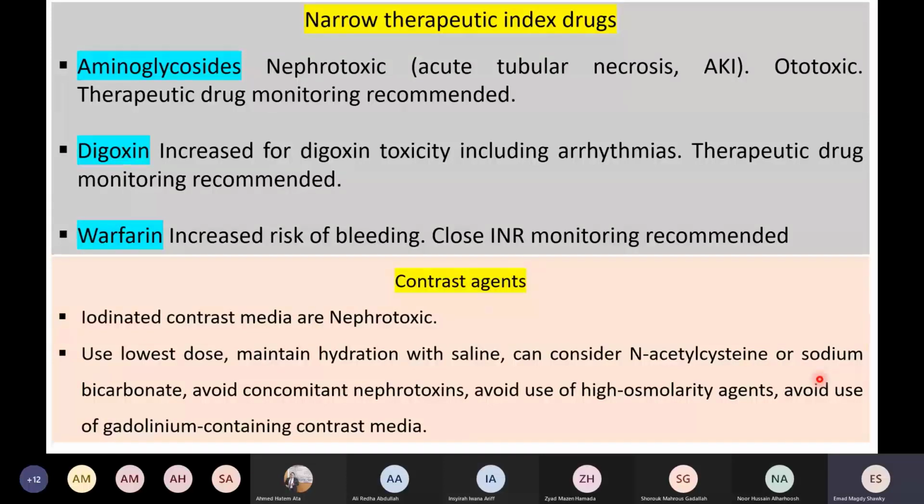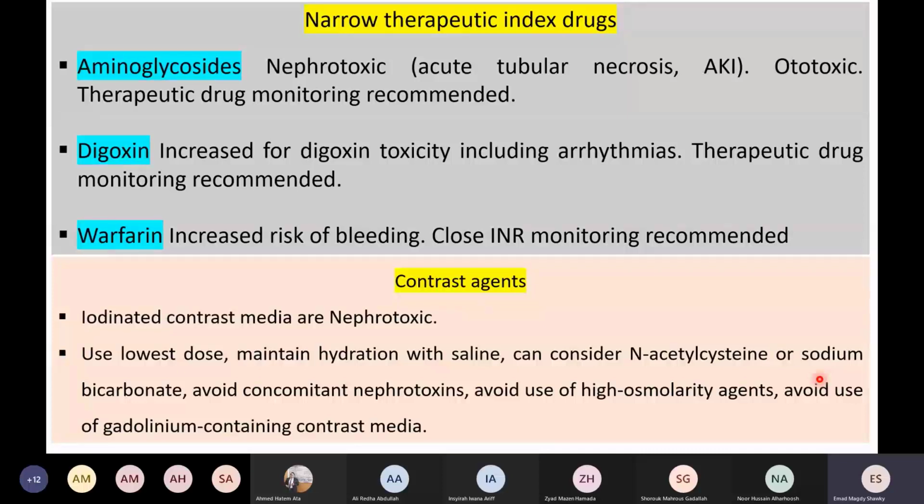So the plasma concentration at a certain level is beneficial, but it can be harmful with a slight difference, a slightly higher concentration. Those are named drugs with narrow therapeutic index. This is why those drugs are very important to monitor in patients with chronic kidney disease, because as I mentioned in the last slide, chronic kidney disease impairs the excretion of drugs, especially if they are renally excreted.